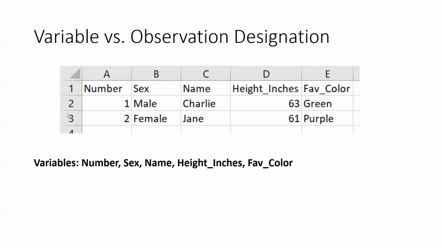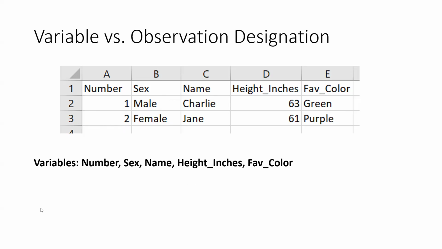And here we have another row of observations. In this case, we have unique number ID 2, and that's a female named Jane. She's 61 inches in height, and her favorite color is purple. So our variables are number, sex, name, height inches, favorite color. And within each one of these variables in our data set, we have a corresponding observation.